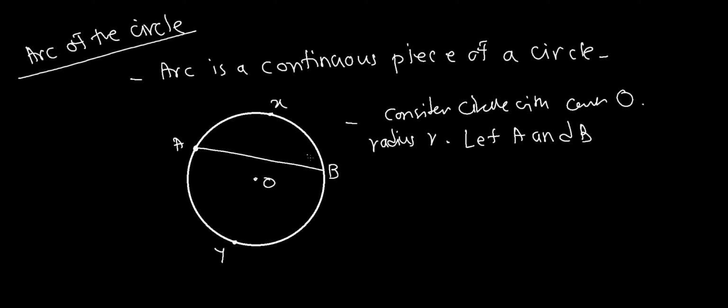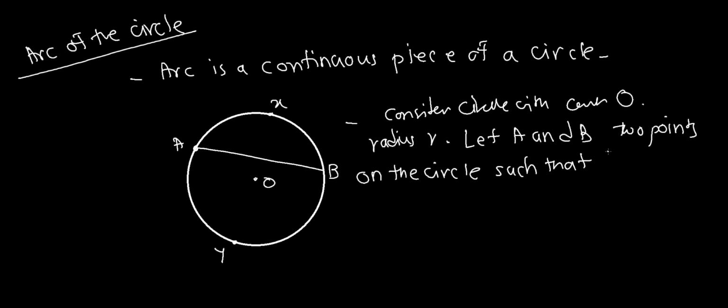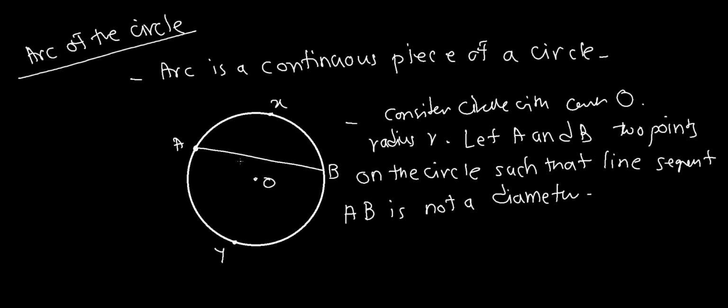Let A and B be 2 points on the circle such that line segment AB is not a diameter. So this is a line segment AB such that it is not a diameter.